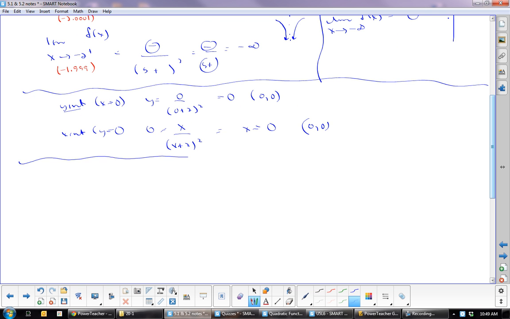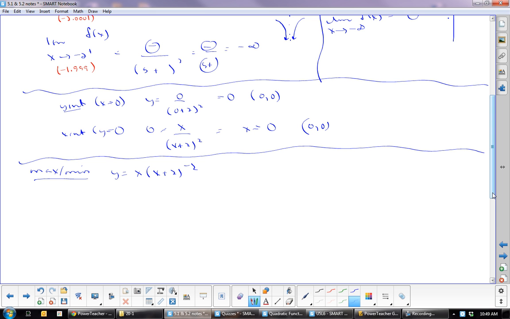Okay, next, let's do max min. Now we could pull out the old quotient law, or we can cheat and just go x times x plus 2 to the negative 2.